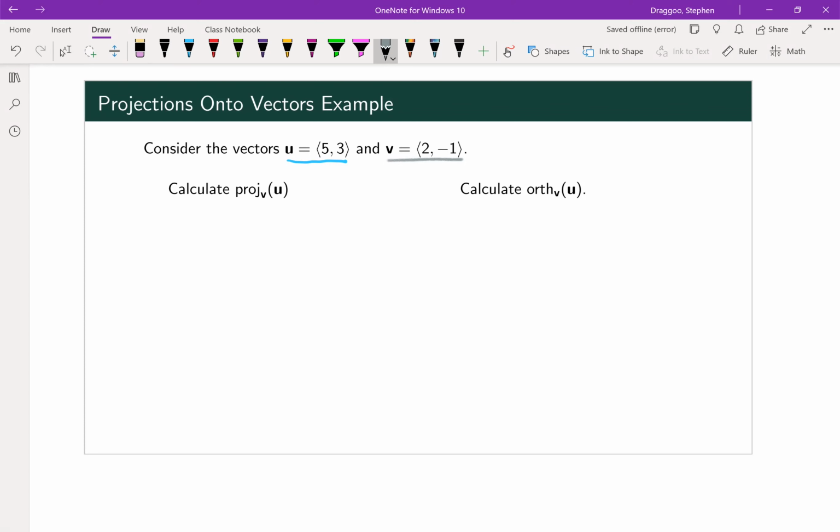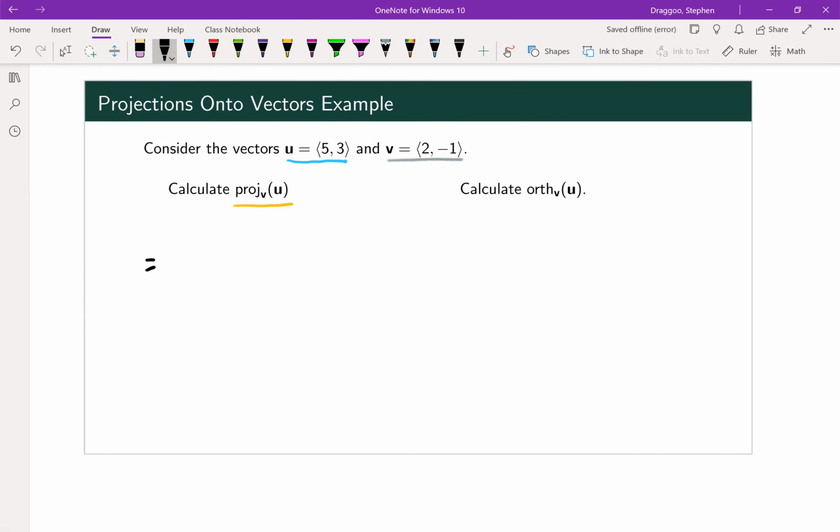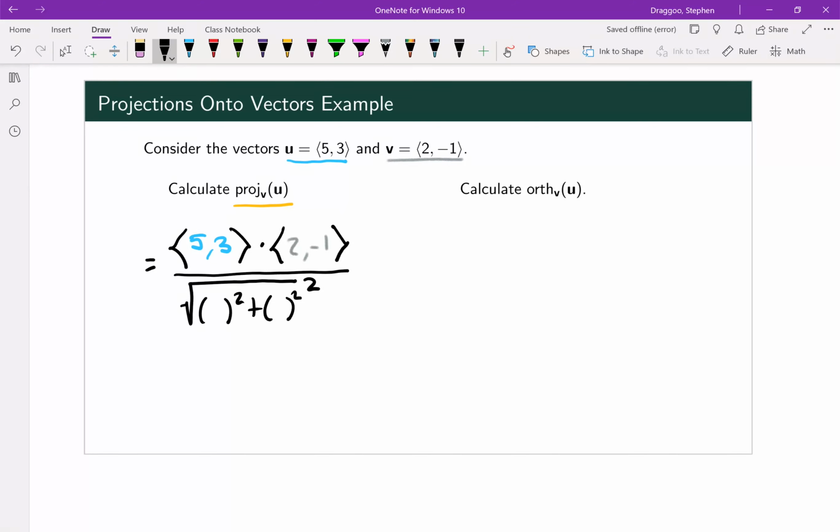So if I'm looking for that projection, which is u onto v, I should take the dot product of u and v, which should be 5, 3 dotted with 2, -1, divide that thing by the magnitude of v squared, which should come out to the square root of something squared, where that something is each of those components squared and added together.